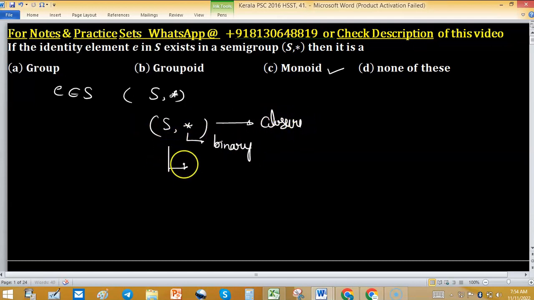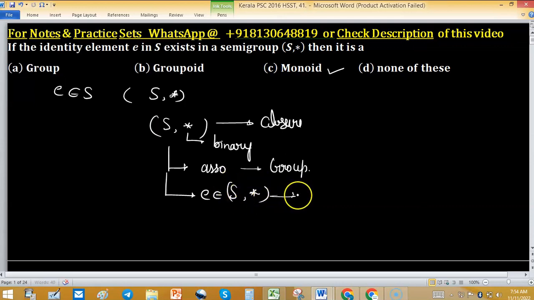If this set with binary operation satisfies the associative property, then we call it a groupoid. If the identity also belongs to this set with binary operation, then it is called a monoid.